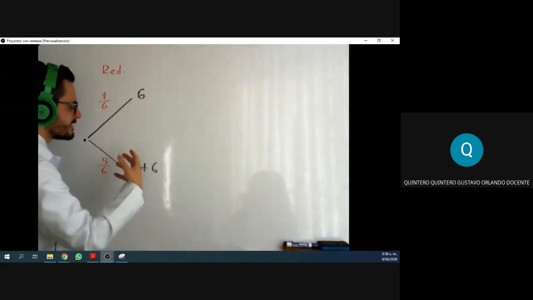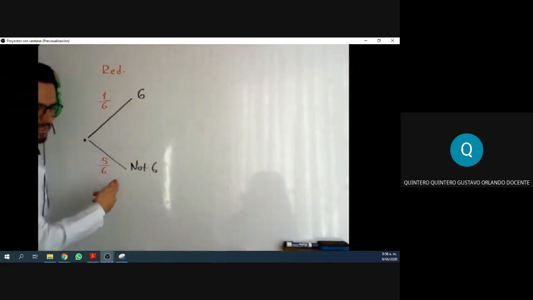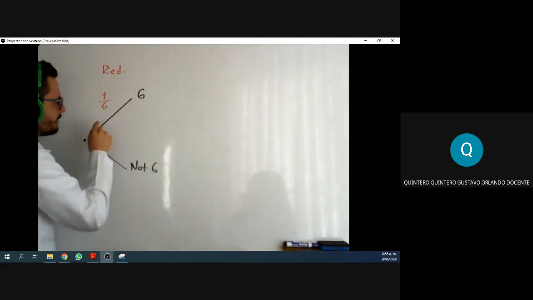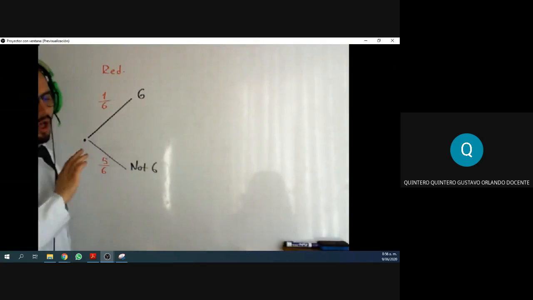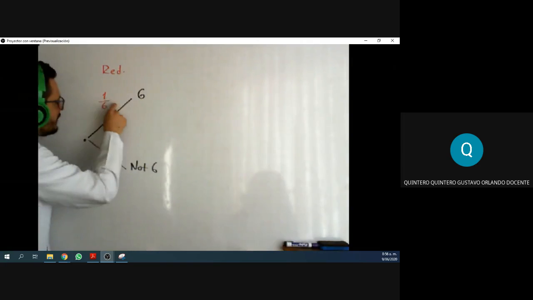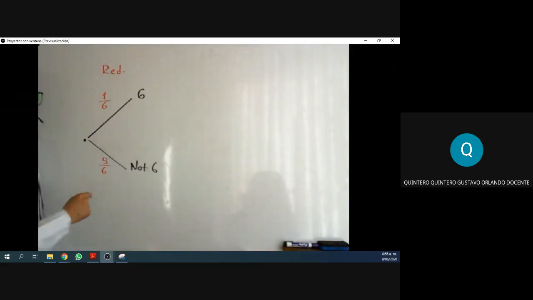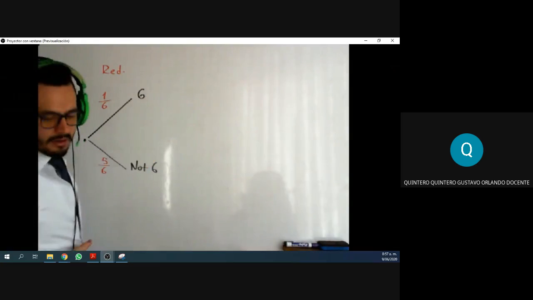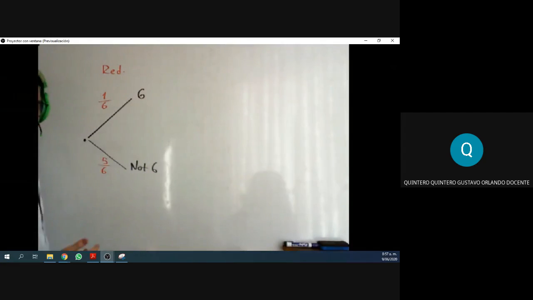And here we are studying that we get not a 6, right? Something else to notice. In the middle of the line, we are always going to write down the probability of this option. This little number in the middle of the line represents the probability of this option.